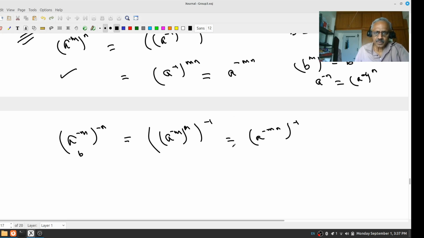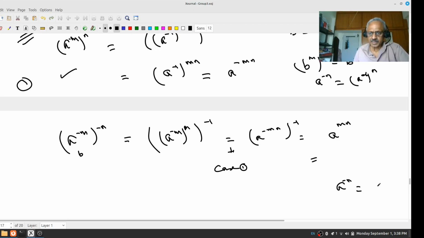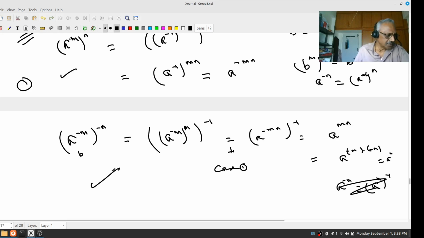But this by definition is a to the power mn. Because remember a to the power minus n by definition is a to the power n inverse for any n. So this is a group element, its inverse is this. And this is a to the power minus m times minus n, that is a to the power mn. So this also we proved.